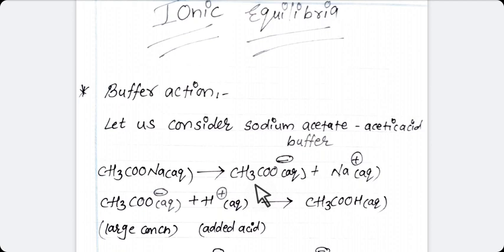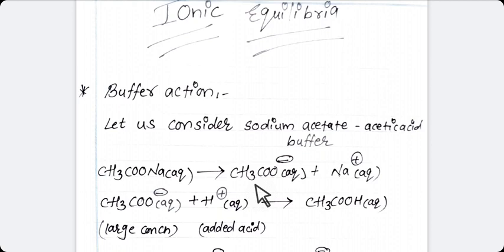I am repeating here, it dissociates completely in water because it is a strong electrolyte, and the substance which is a strong electrolyte always dissociates completely in water and produces a large concentration of ions.